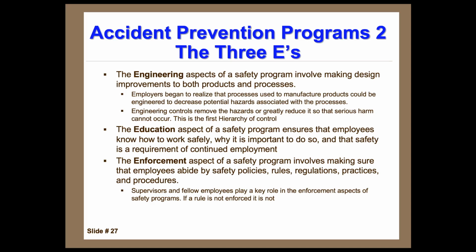Employers began to realize that processes used to manufacture products could be engineered to decrease potential hazards associated with the processes. Engineering controls remove the hazards or greatly reduce them so that serious harm cannot occur. This is the first hierarchy of control.